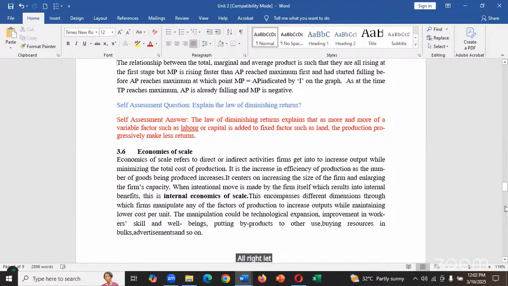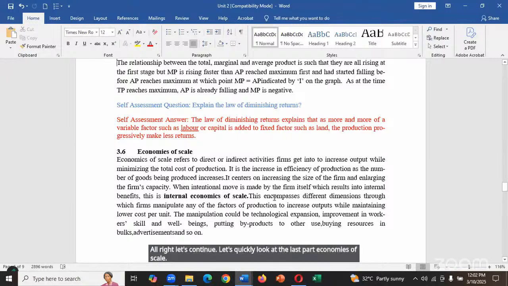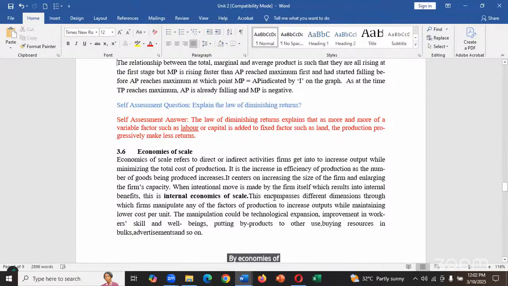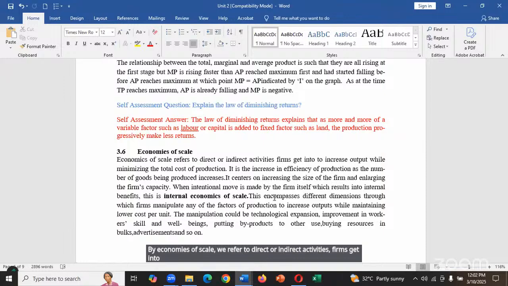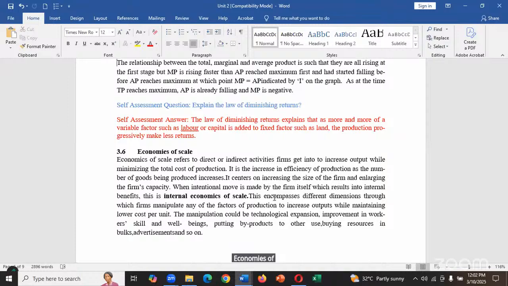Let's quickly look at the last part, economies of scale. By economies of scale, we refer to direct or indirect activities firms get into to increase output while minimizing the total cost of production. So economies of scale is simply trying to explain what firms can do. Why can they expand?